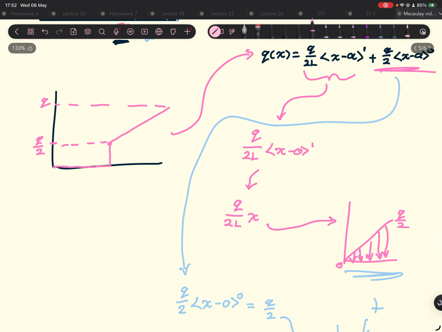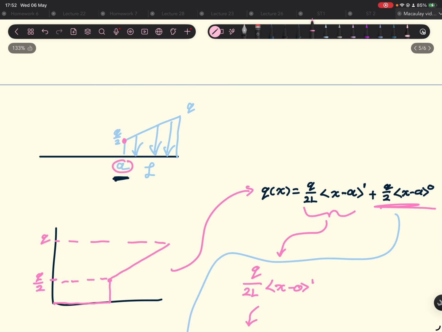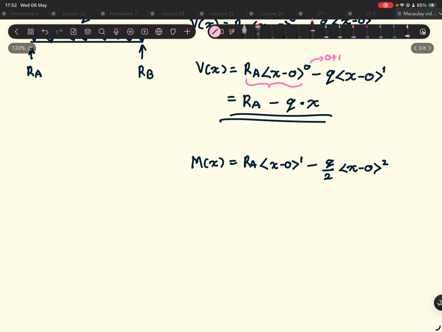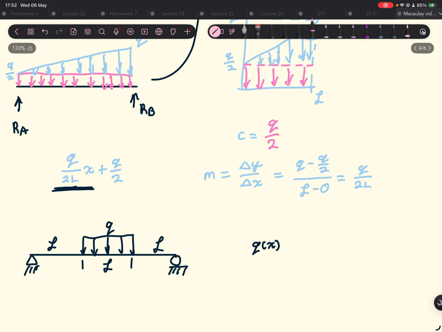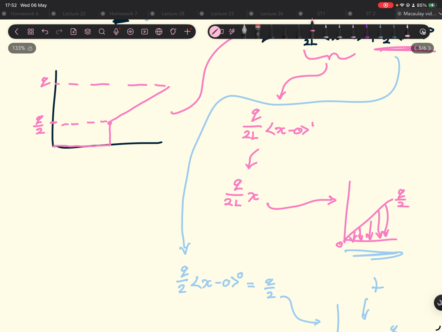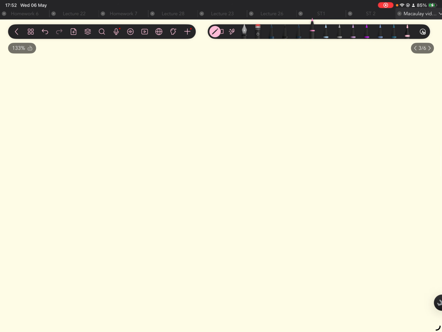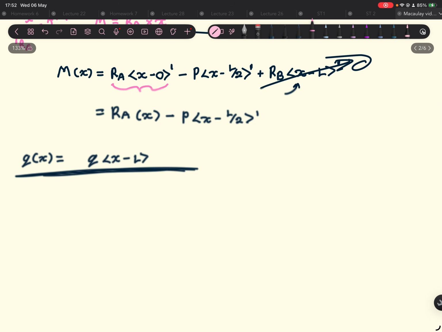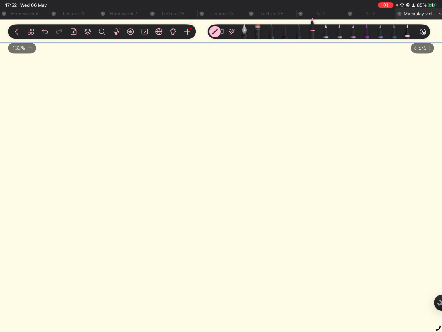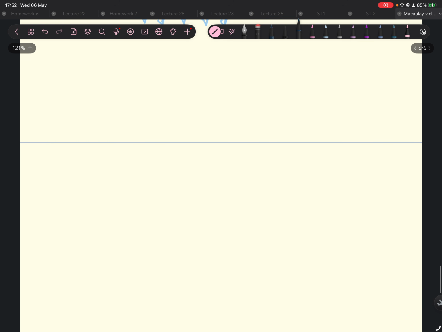Then another thing with Macaulay brackets is that it doesn't tell you where things end. It only tells you where it's starting, right?